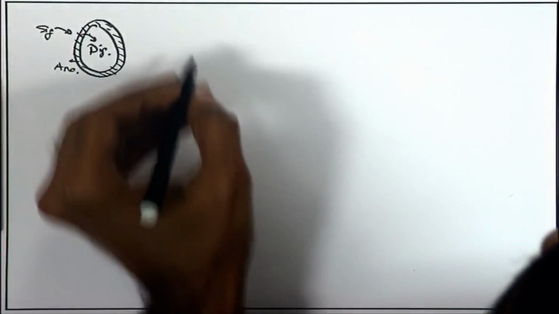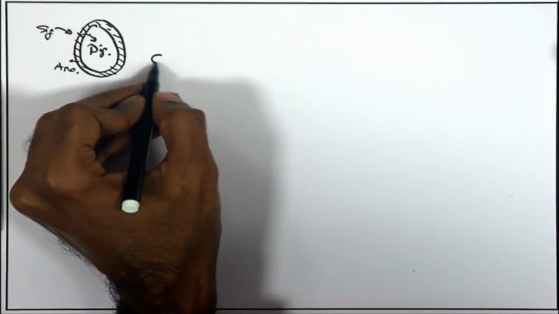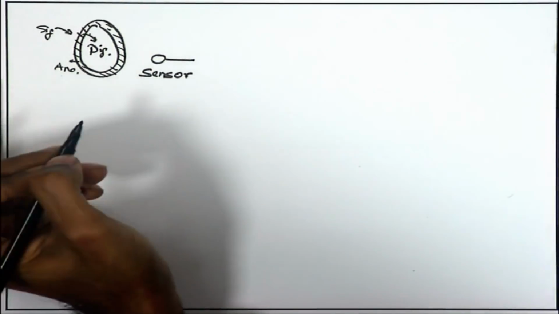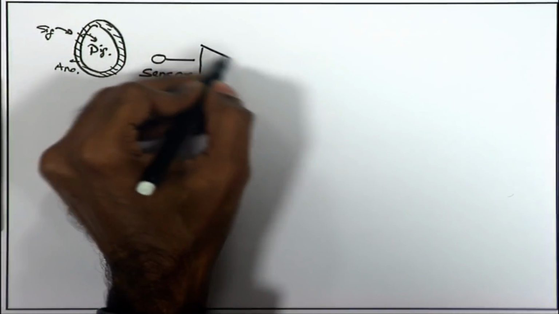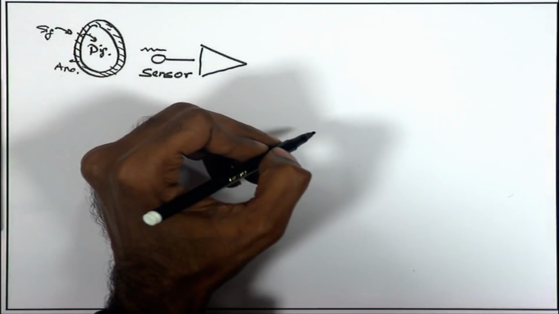If I try to draw a generic analog front end, we may have a sensor which is giving us a real world data. The first stage happens to be amplification of that weak signal being provided by the sensor.